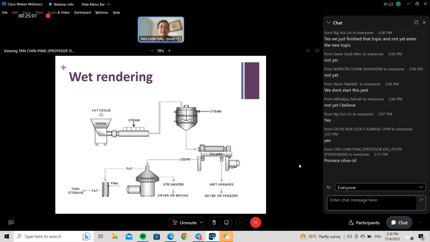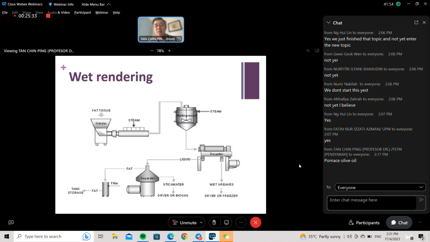For a vertical centrifuge, once they receive the liquid, they are going to spin it and separate the fat out of the sticky water. The water is usually called sticky water because it will contain a substantial amount of protein in it. So that amount of protein can be used as a byproduct for the gelatin industry.